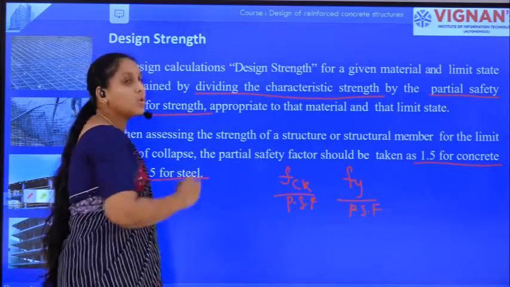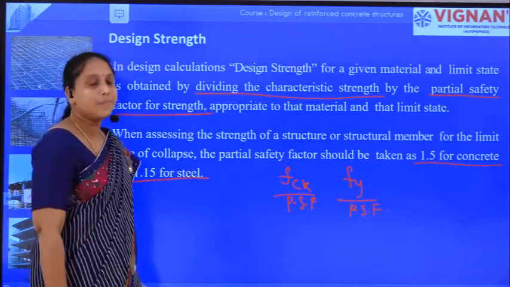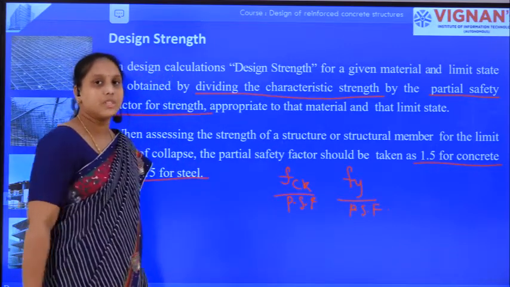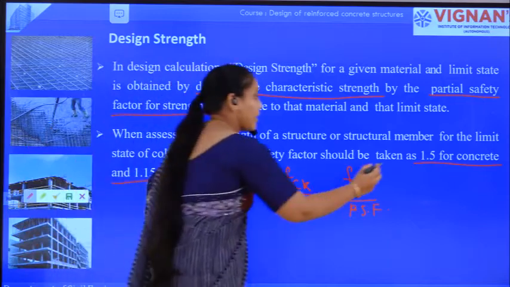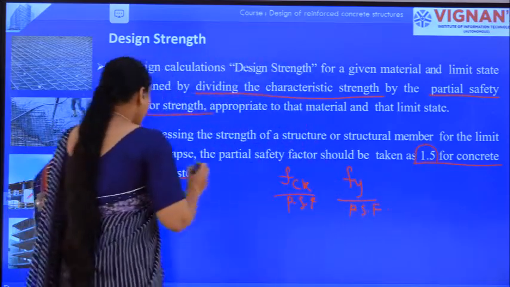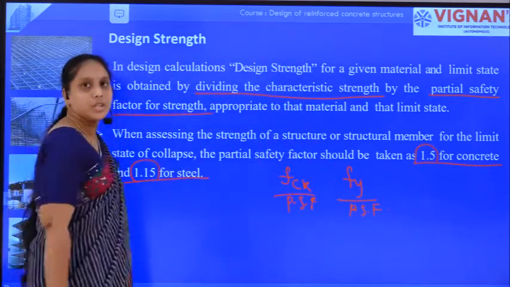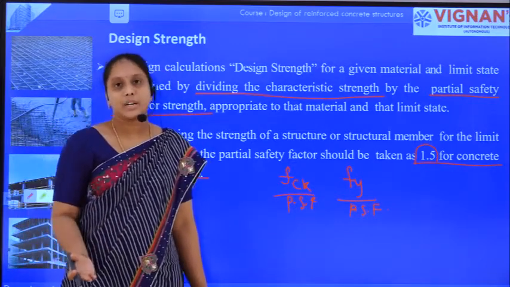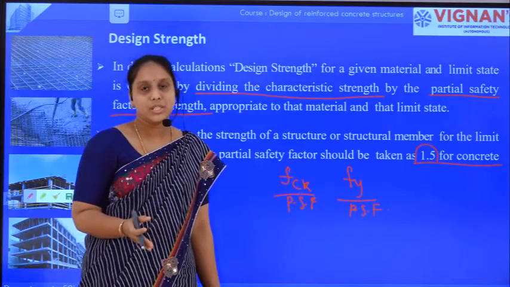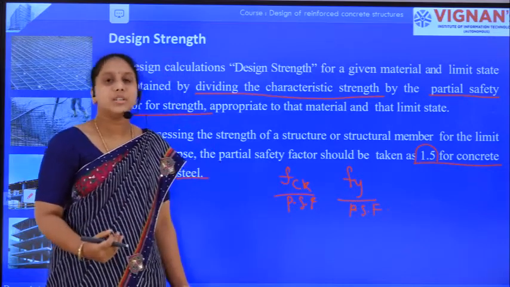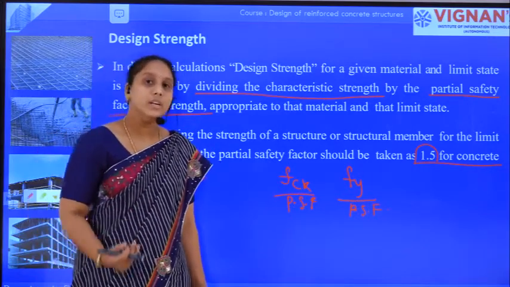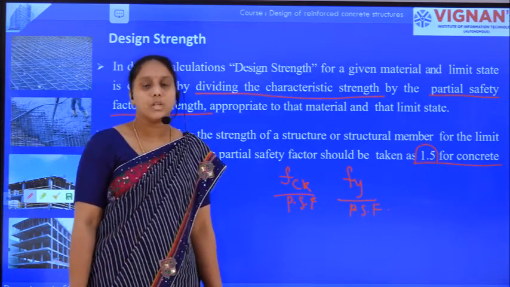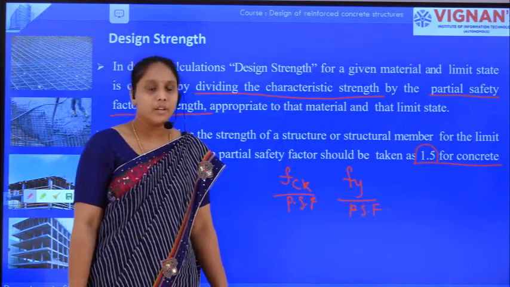These two values are given as the partial safety factors for concrete and steel in IS 456-2000, that is, 1.5 for concrete and 1.15 for steel. So we calculate the design load by multiplying the characteristic load by the partial safety factor, and the design strength by dividing the characteristic strength of the material by a suitable partial safety factor.